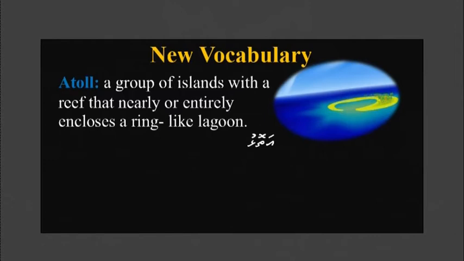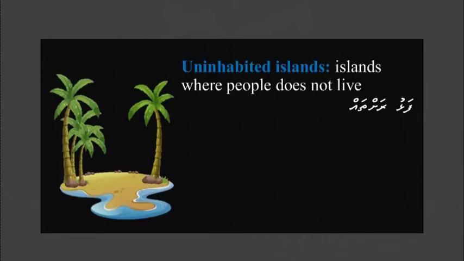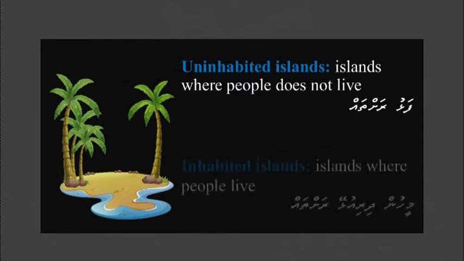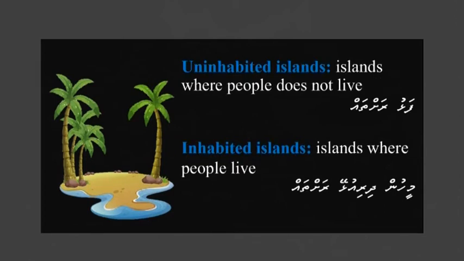Island: a piece of land surrounded by water. The Dhivehi name for island is Ra. The third word is uninhabited island: islands where people do not live. The last word is inhabited islands: islands where people live. The Dhivehi name for inhabited island is Mihundirule.